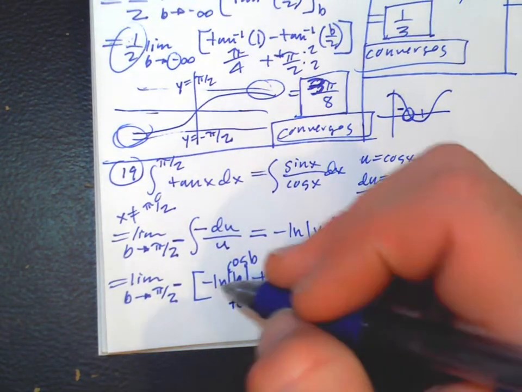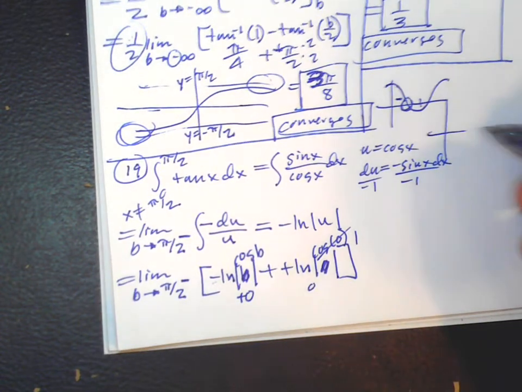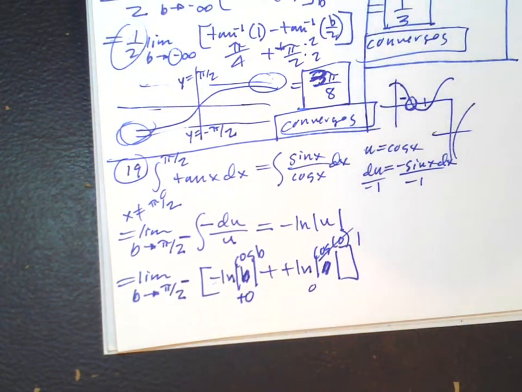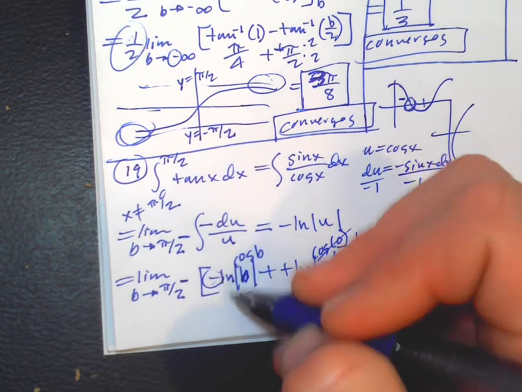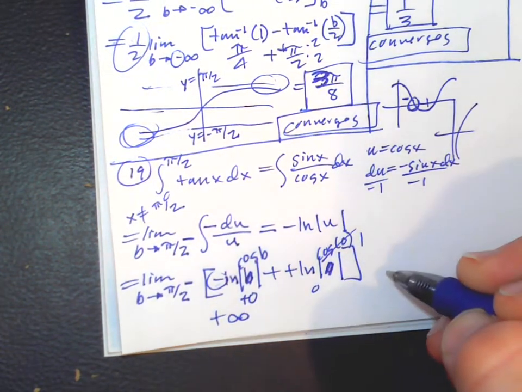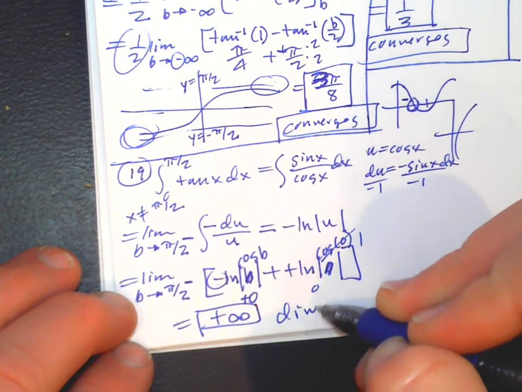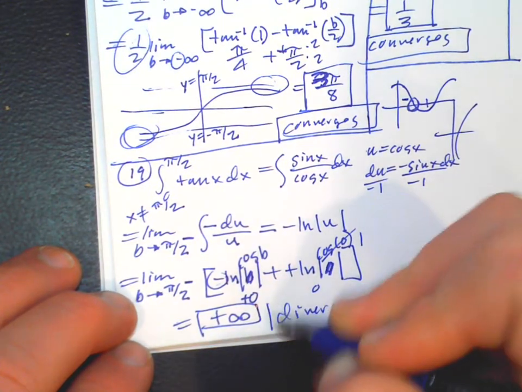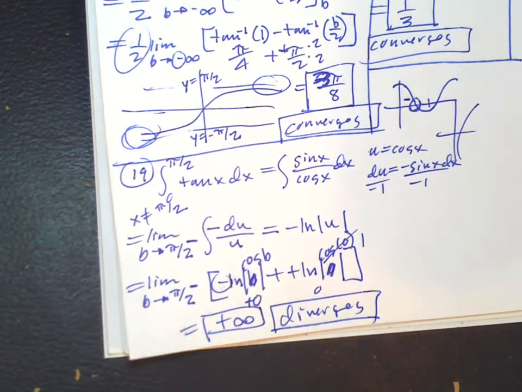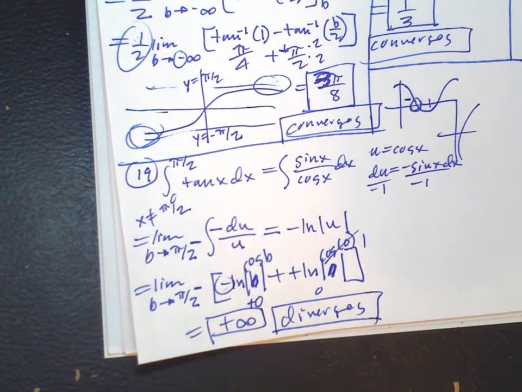But as you approach 0, natural log goes to negative infinity. There's already a negative, so it's going to go to positive infinity. Diverges. That was kind of interesting.